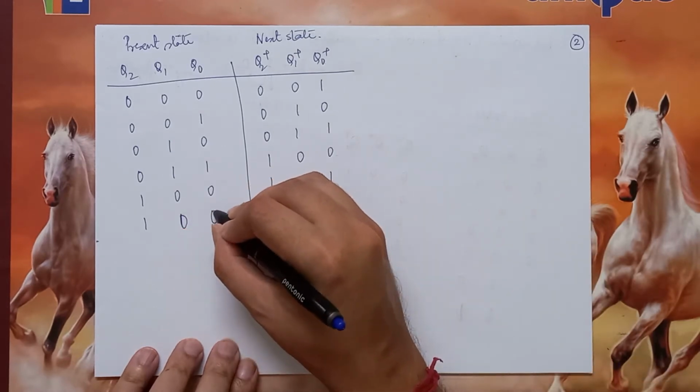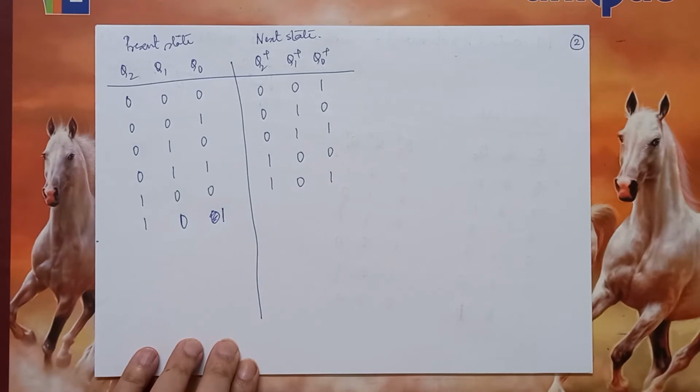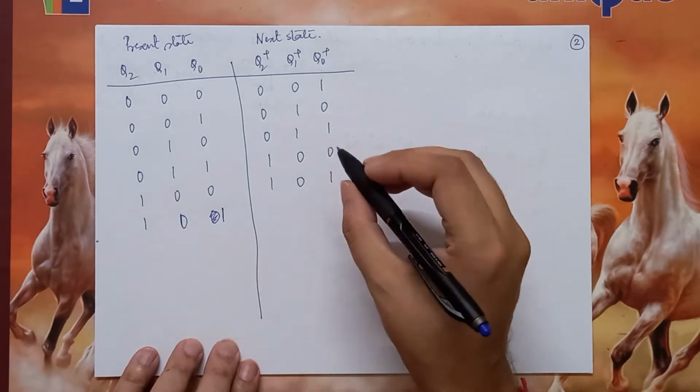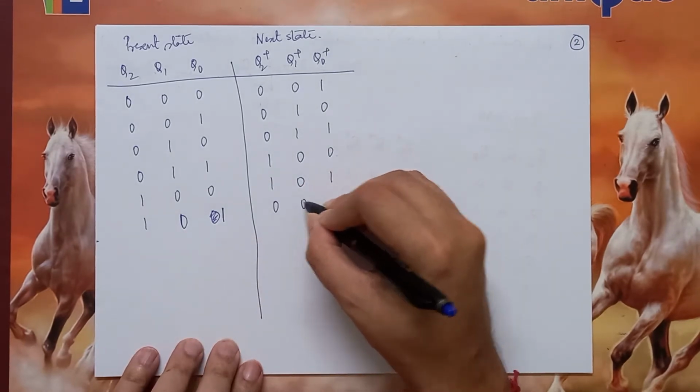So when the present state is 1, 0, 1, the next state has to be 0, 0, 0.